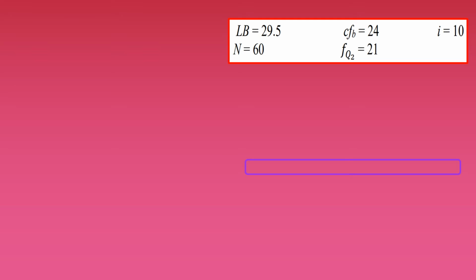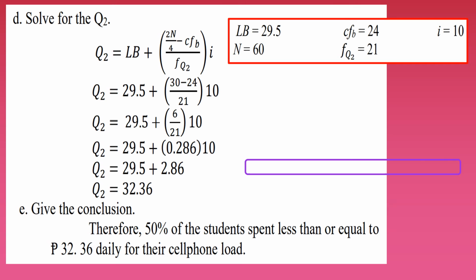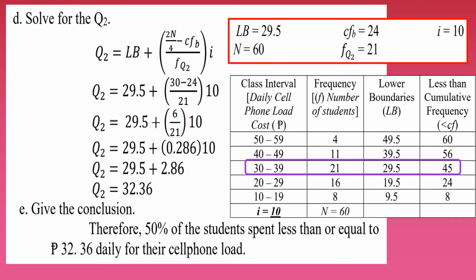Let us substitute the data that we have identified a while ago in the formula. Q sub 2 is equal to LB plus 2 times n over 4 minus CF sub B over F sub Q sub 2, times the interval.